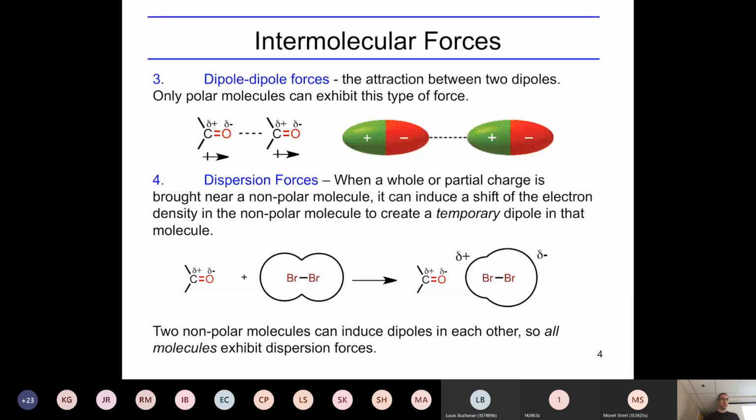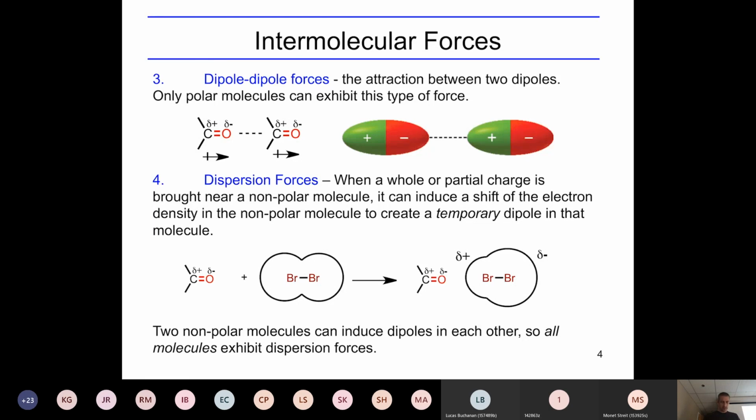You see these a lot in biochemistry. A lot of biomolecules have a charge, plus or minus, so those become very important for those planning to take biochemistry later on. Dipole-dipole forces are the next strongest after ion-dipole. This is when you have two polar molecules that orient themselves so that the negative end of one molecule comes close to the positive end of another.